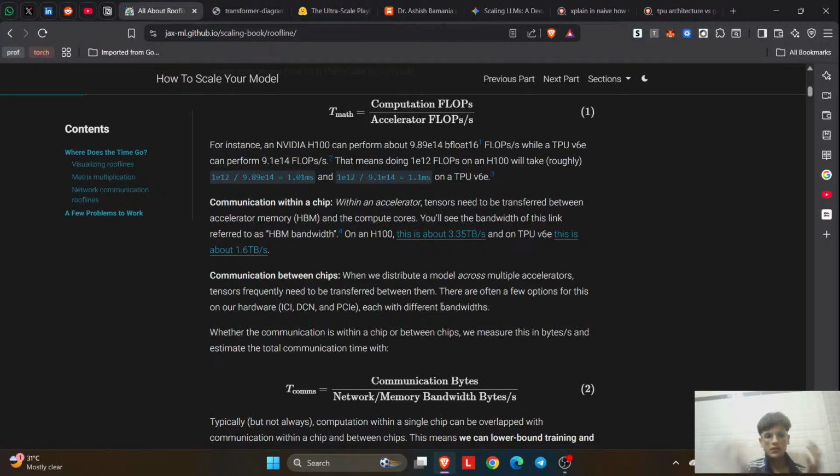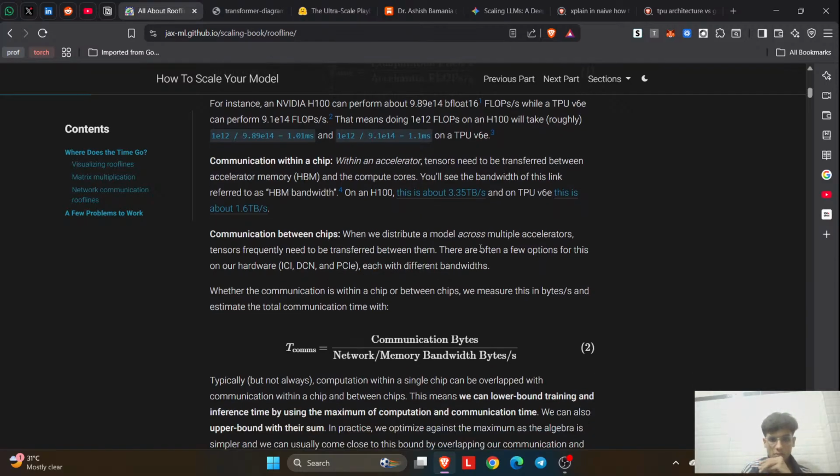There are often a few options for this on our hardware: ICI, DCN, PCIe.